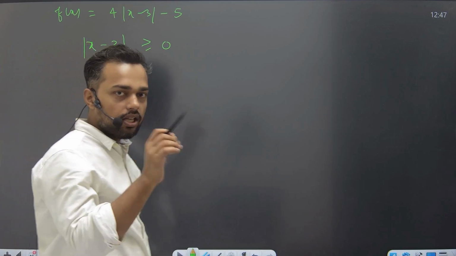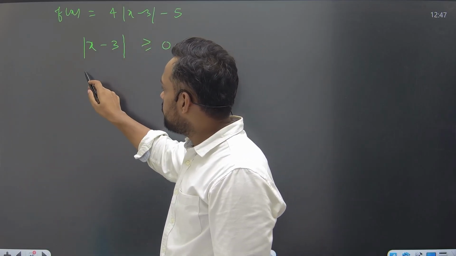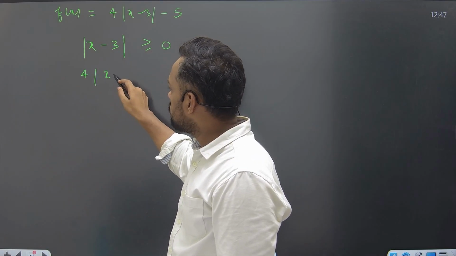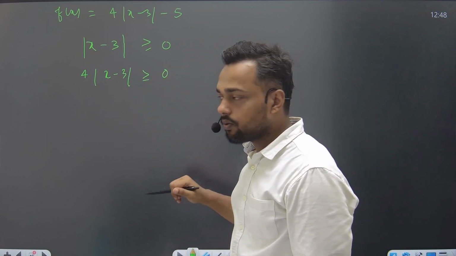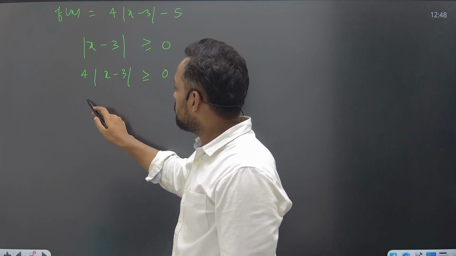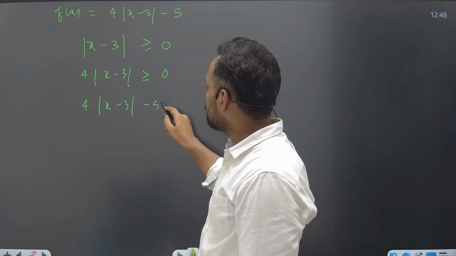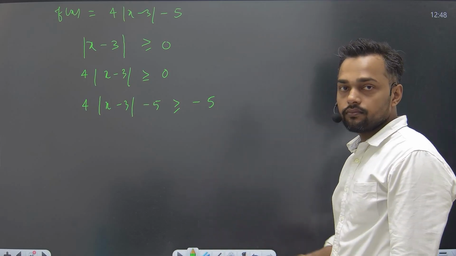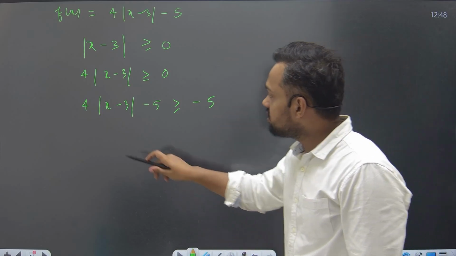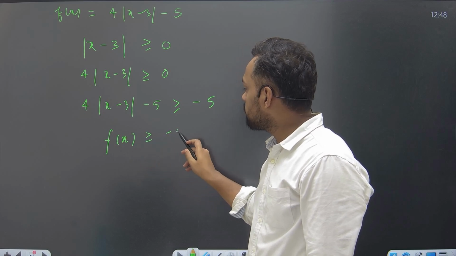If you multiply 4 on both sides, 4 times modulus of x minus 3 is greater than or equal to 0, because 0 times 4 will be 0. Now if you subtract 5 on both sides, this whole function, which was f(x), must be greater than or equal to minus 5.